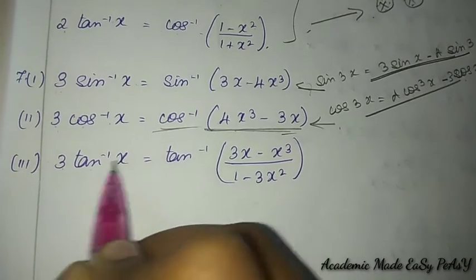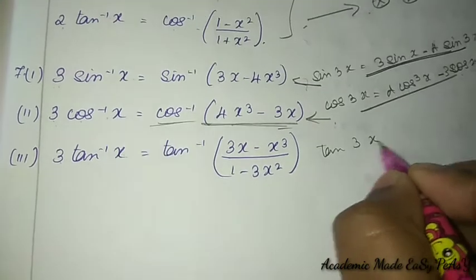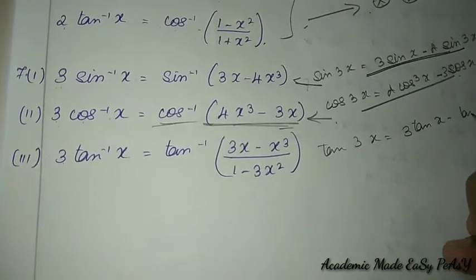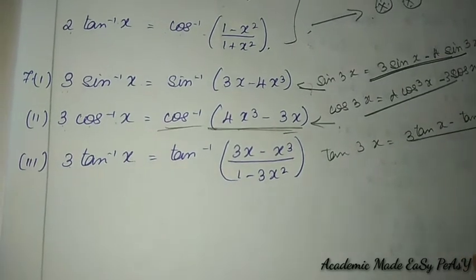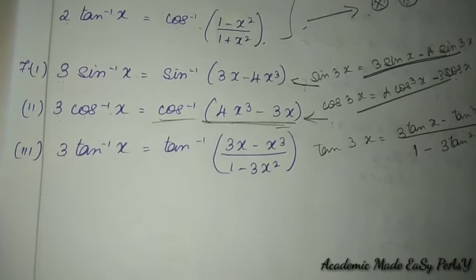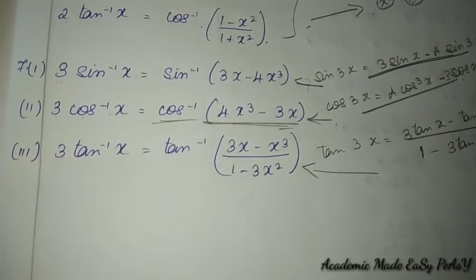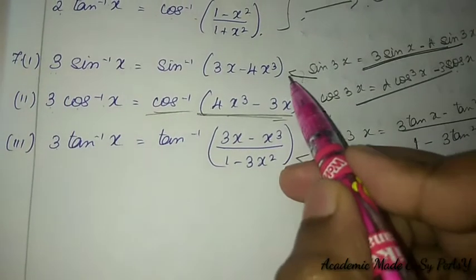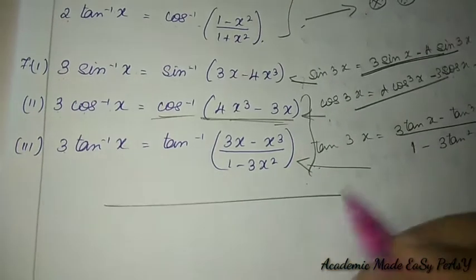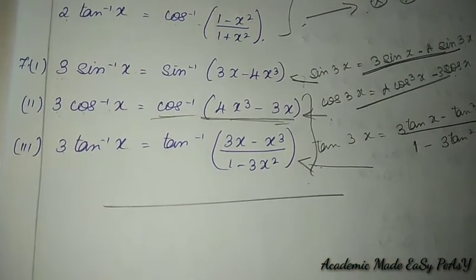Then 3 tan inverse x, here also same, tan 3x is equal to 3 tan x minus tan cube x divided by 1 minus 3 tan square x. The same thing in inverse is given. So if you are thorough with the class 11 formulas, this one will be very easy. So this is the 7th set of formulas, and now we'll see the last set of formulas.